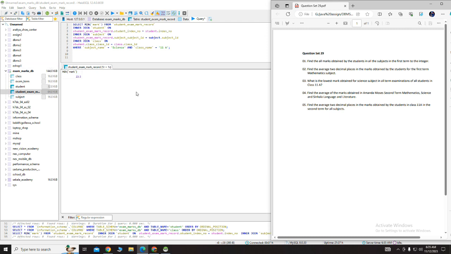For that we are using the min function, and after that we have inner joined the student exam mark record with the student, subject and class tables using the relationships among their table columns, and finally provided the conditions that subject name should be science and class name should be 11A. So our lowest mark obtained for science subject in all term examinations of all students in class 11A is 23.5.